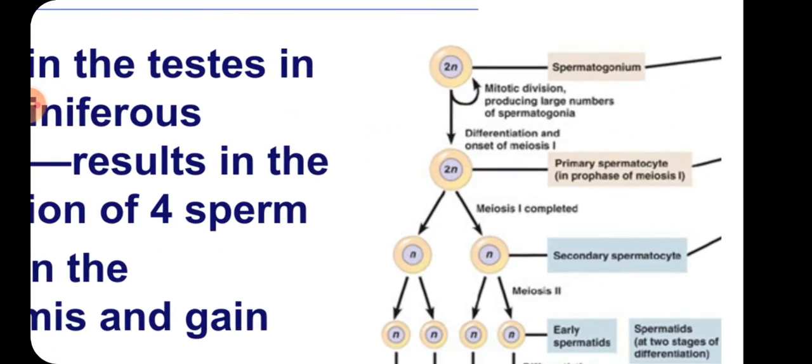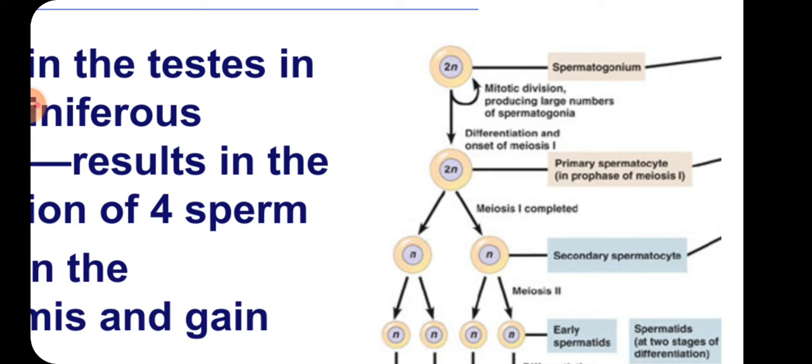As you can see in this diagram too, the spermatogonium is diploid, and mitotic division takes place producing a large number of spermatogonia. Then differentiation and onset of meiosis 1 starts at this stage, and primary spermatocytes are in the prophase of meiosis 1 and are still diploid, and then they undergo meiosis 1.